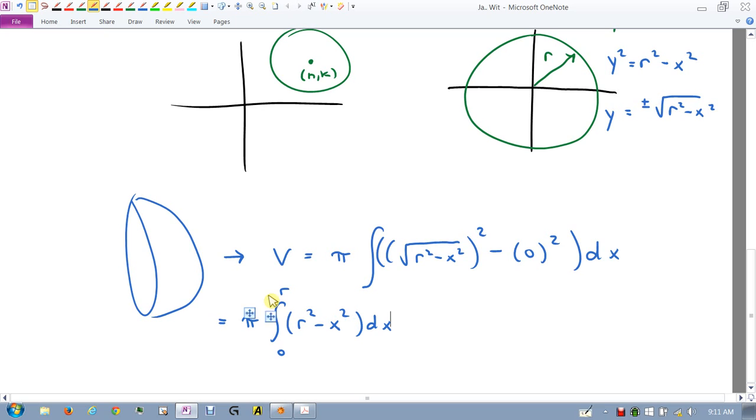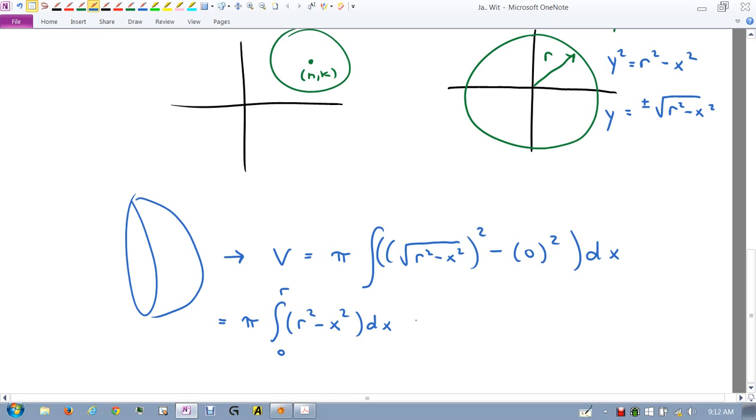And now all we have to do is take the antiderivative of this. These are two terms, so I can do term by term integration. What is the antiderivative of a constant squared? That may as well just be a number, like 10. What's the antiderivative of 10? 10x. So the antiderivative of r squared would be r squared x.